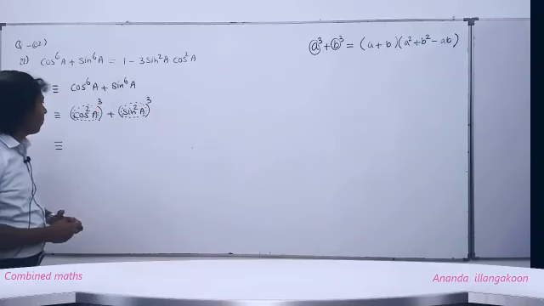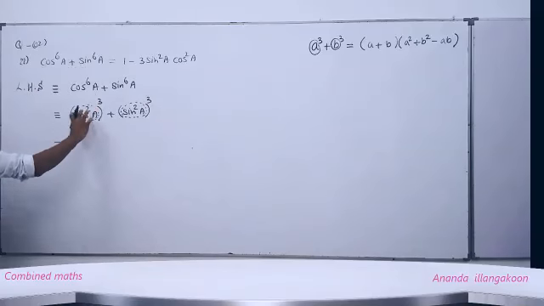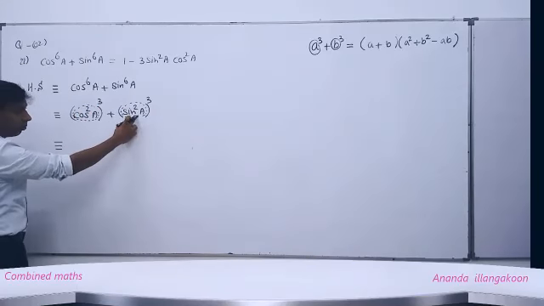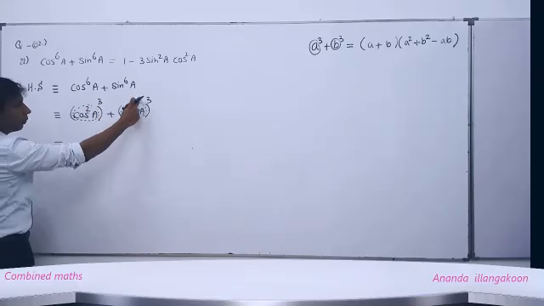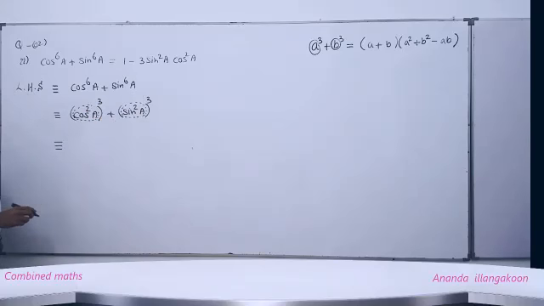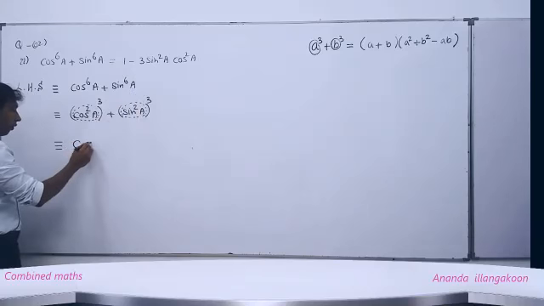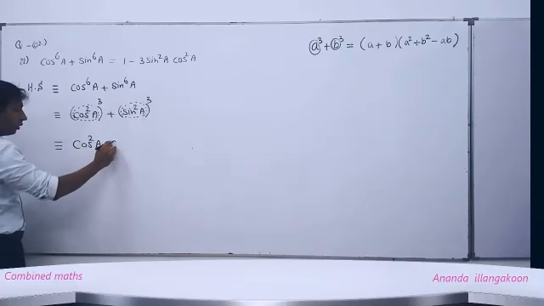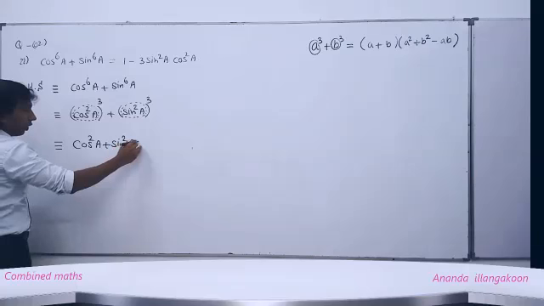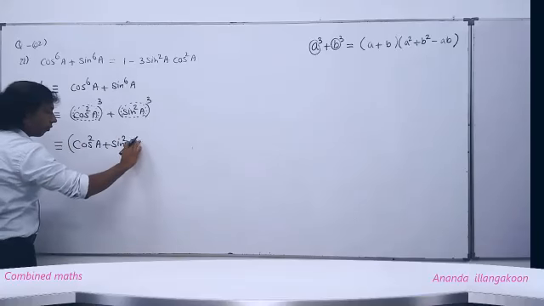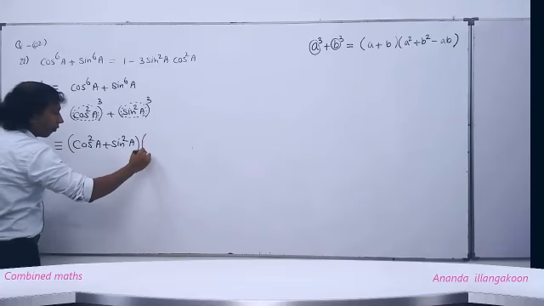Okay? Now, if you consider the cos squared A as your a, and sin squared A as your b, then we get here a cube plus b cube. Then the first factor can be obtained. Ignore this power. Then we get cos squared A plus sin squared A. Okay?